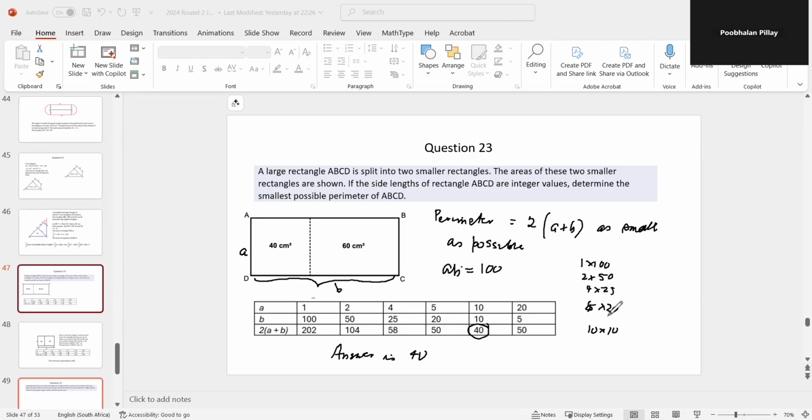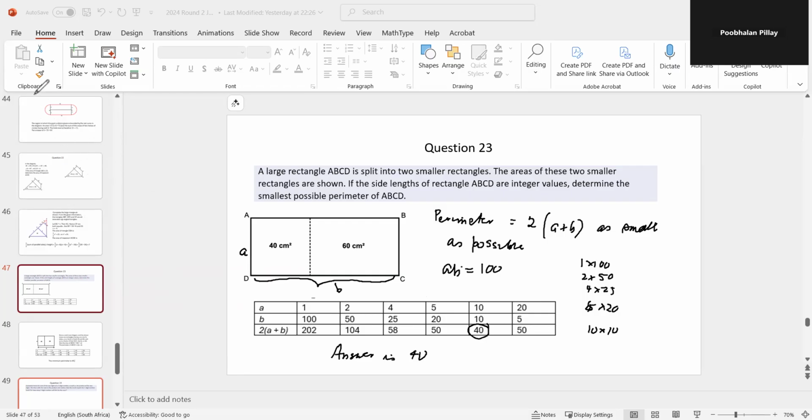So when you write it down like this, you can see all the possible factors. It's 1, 2, 4, 5, 10, and now you get 20, 25, 50. So there are 9 factors only, right? You're going to get these things repeated. All right, so that takes care of problem number 23.